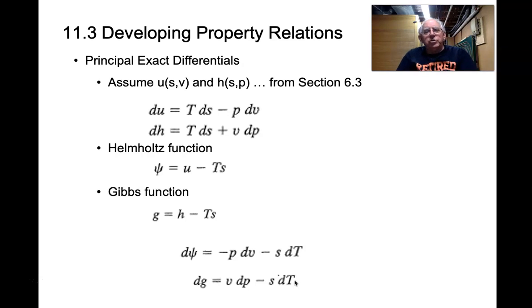And so we're trying to take these other properties that we don't really know how to measure. We don't know how to measure entropy. We don't know how to really measure internal energy or enthalpy, but we can relate them to measurable thermodynamic properties.